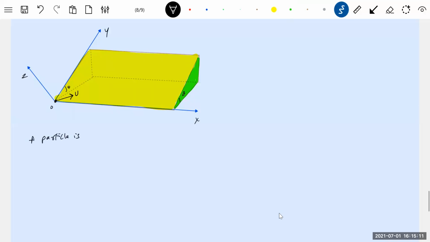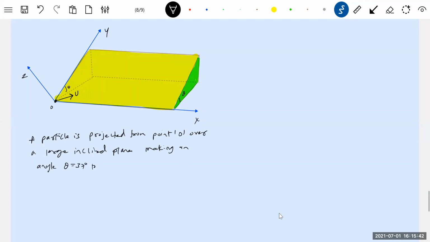A particle is projected from point O on a large inclined plane making an angle theta equal to 37 degrees to the horizontal surface.